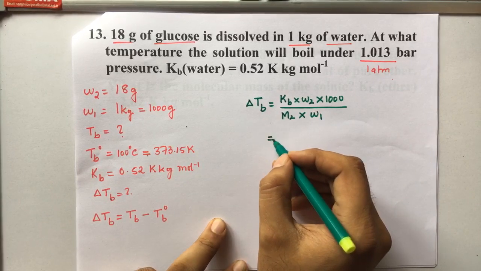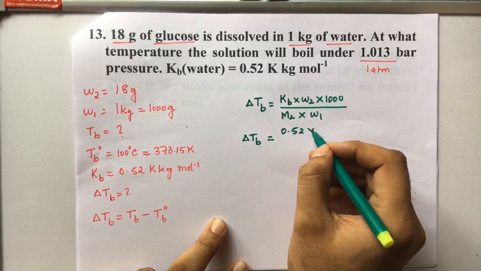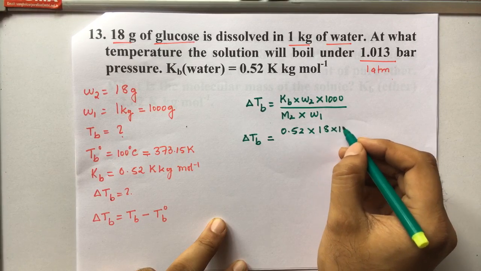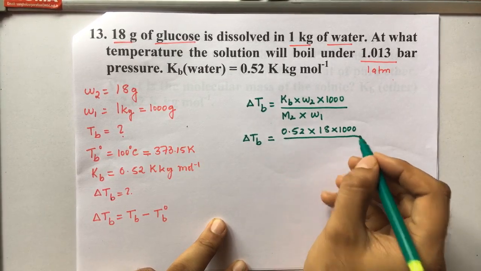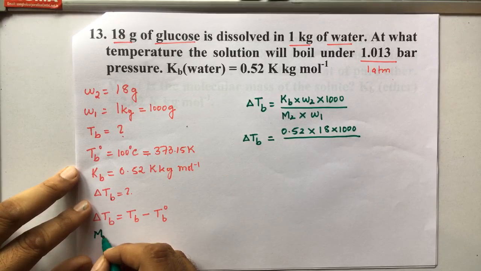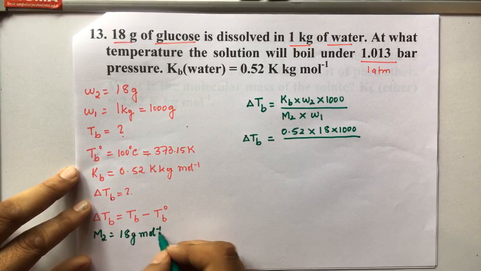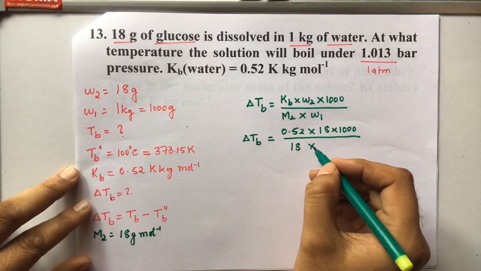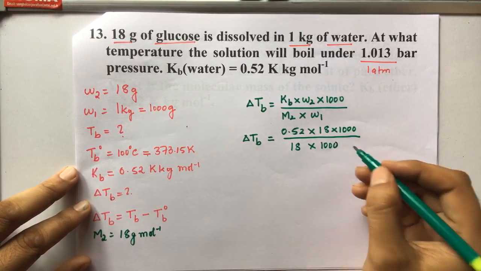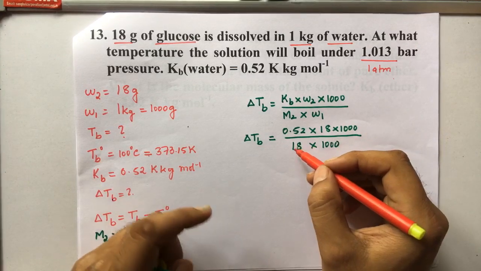So delta TB, that will be equal to Kb, known as 0.52, multiplied by W2, which is 18, into 1000 divided by the molar mass M2. Since it is water, it is 18 gram per mole, multiplied by W1, which is 1000.